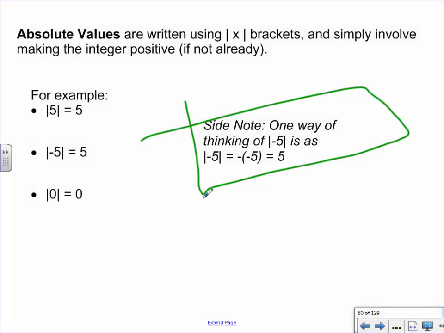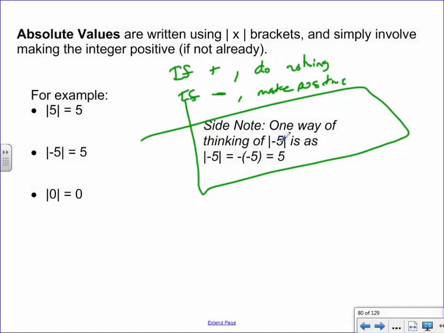Here's how this function works. It's kind of an if-then statement. If it's positive, do nothing. If the number was already positive, do nothing. But if it was negative, how do you make it positive? One of the ways you can make a number positive is by applying a double negative. Think of it like this.